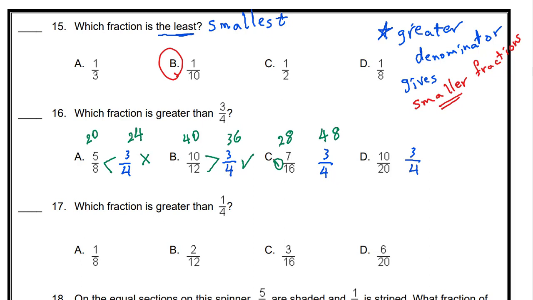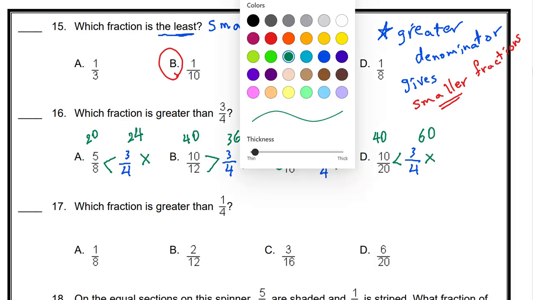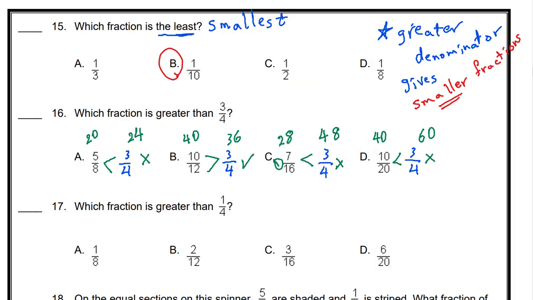So multiply 6 by 3 first, then 1 by 3. So this is less than, so it's wrong. The last one: 4 times 10 equals 40, 20 times 3 equals 60. So this one also is less than. So which one is the only correct choice here? B. Thank you, Adam. Great work.